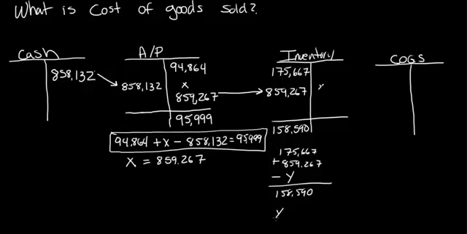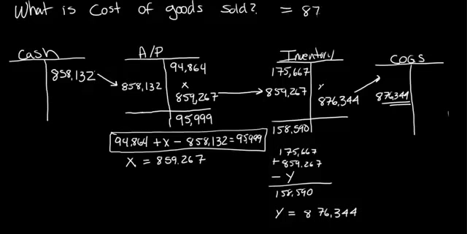Solve for Y, and the answer is 876,344, I believe. That's a debit balance to the inventory, and so it's going to go as a credit to cost of goods sold, 876,344.